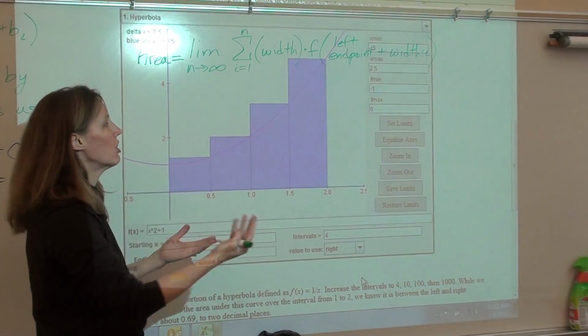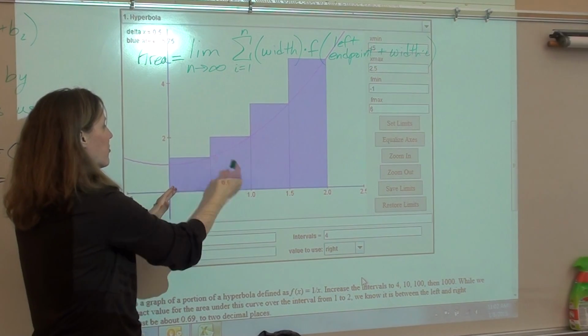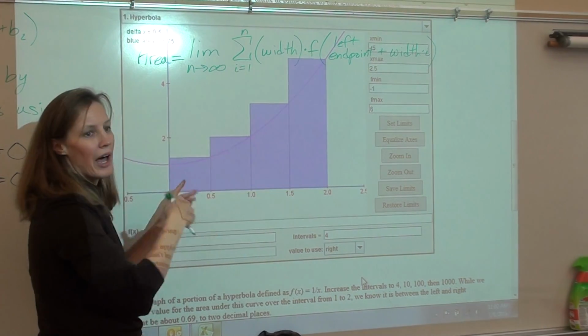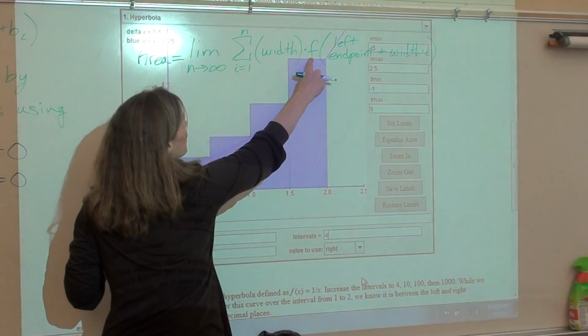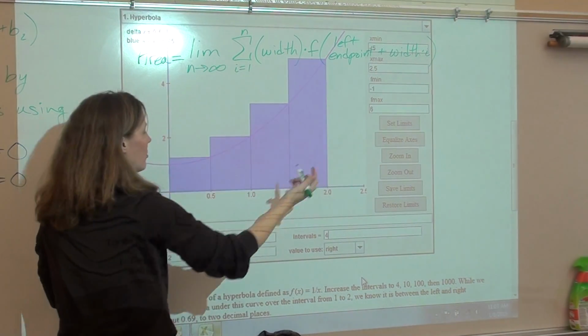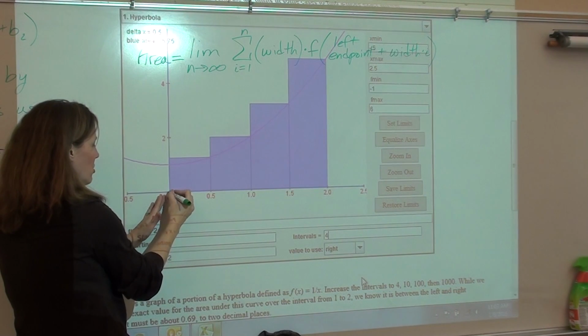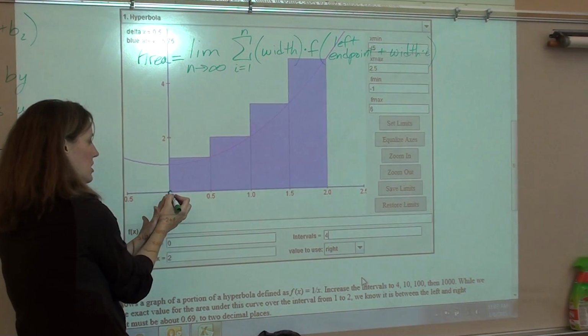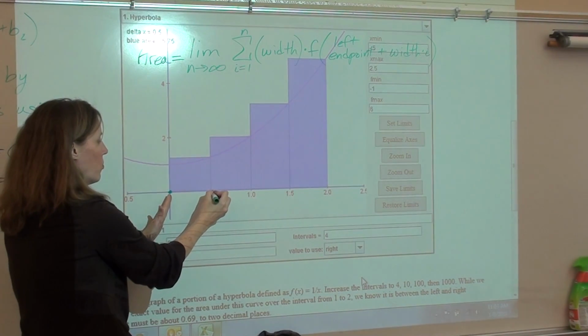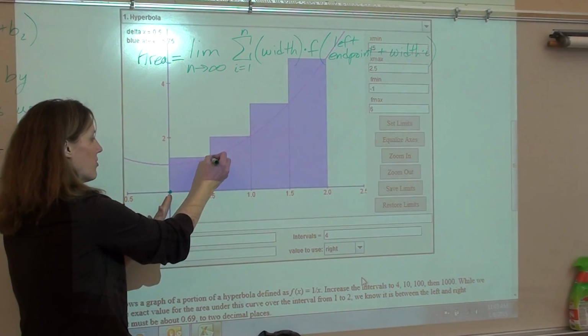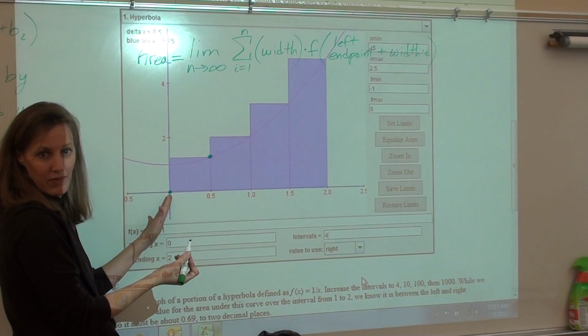Now how do we determine the height? The problem is every height is different, right? So how do you figure out what the values are? Well, we have to plug something into a function. How do we know what to plug in? Well, if we're using right-handed rectangles, we start at our left endpoint. If we added one width and plugged it into the function, we get that.